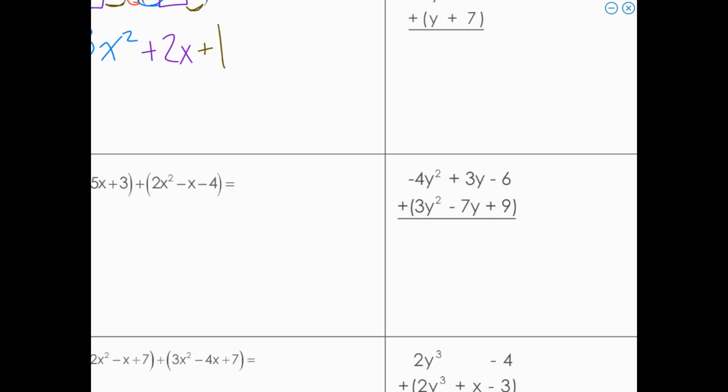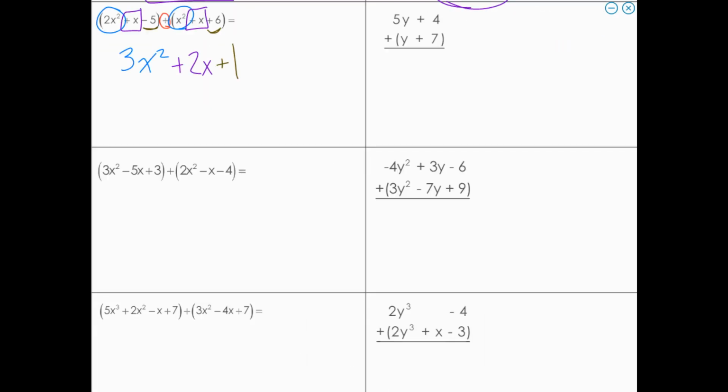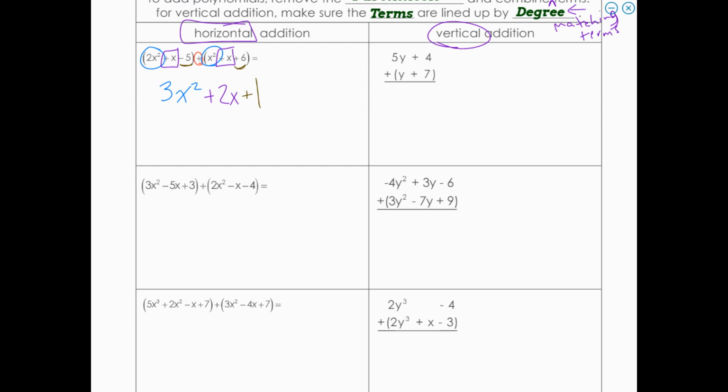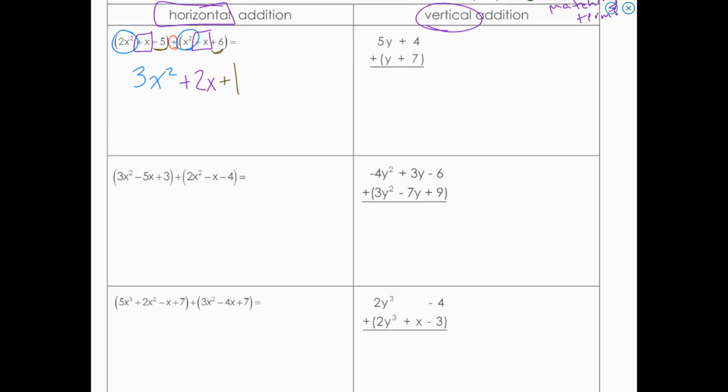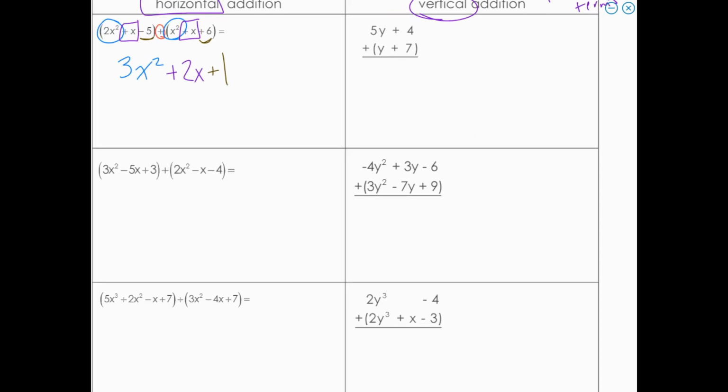So now if I line it up vertically, I'll try to do it where the camera can see it a little bit. If I line it up vertically, it would look something like this, right? Make sure that your y squares are lined up with your y squares and so on.